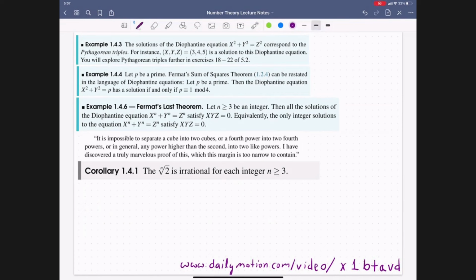So let's apply it. Assume Fermat's last theorem. We're going to prove that the nth root of 2 is irrational for each integer n greater than or equal to 3. So towards a contradiction, let's suppose that the nth root of 2 is rational.